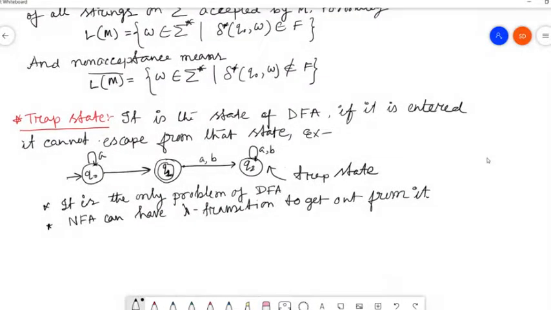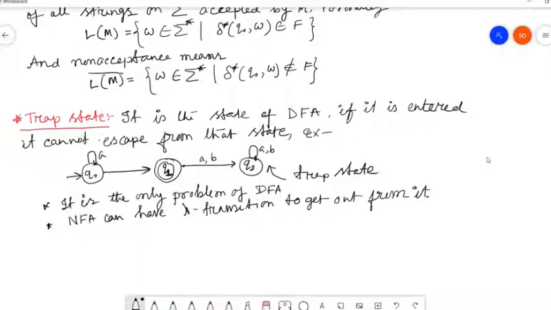An important state in the deterministic finite acceptor is the trap state. It is a state that, if entered, will never be exited. That is, it will be trapped for infinite time for any input symbol it takes.